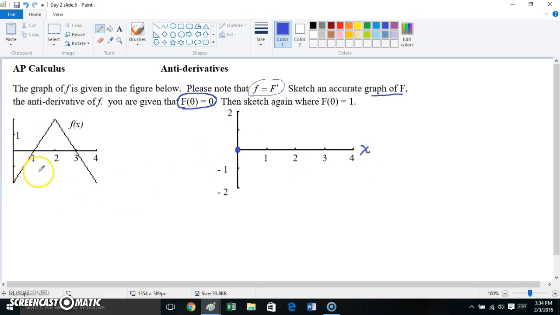All right, remember the integral of f of x dx is going to give us the area under the curve. We're going to look at the integral from 0 to 1, the integral from 1 to 2, the integral from 2 to 3, and the integral from 3 to 4.